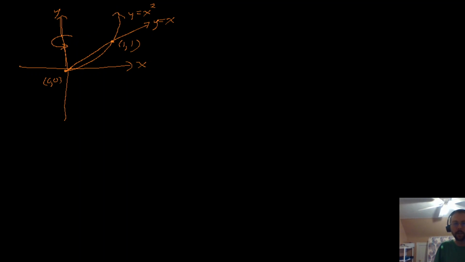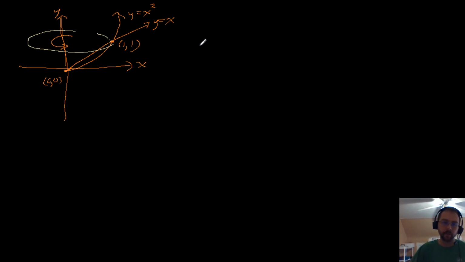So the area that we're going to be figuring out is going to look kind of like this. And if I try to sketch it, oops, wait, let me try that again.